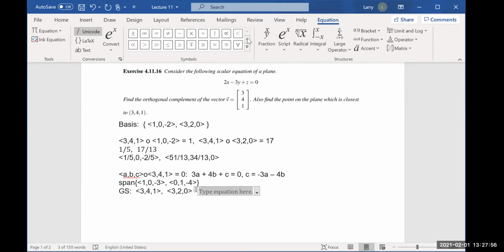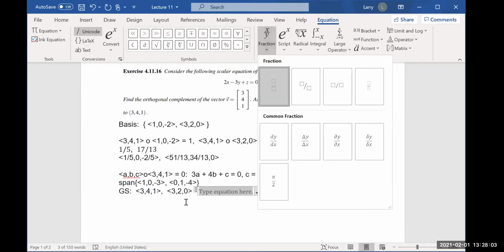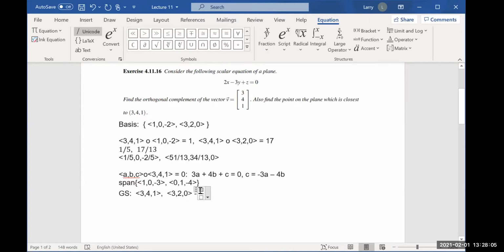It's kind of what you were thinking. I didn't want to tell you too many things, but I let you go with it. We need a fraction. And if you remember, you take the dot product of (3, 4, 1) and (3, 2, 0). And what I get is 9 and 6 is 15, right?